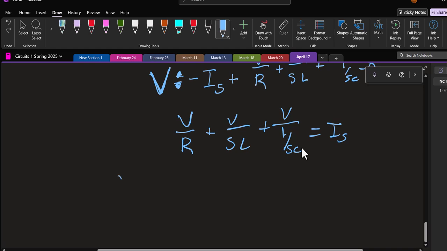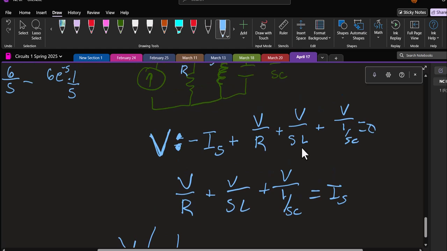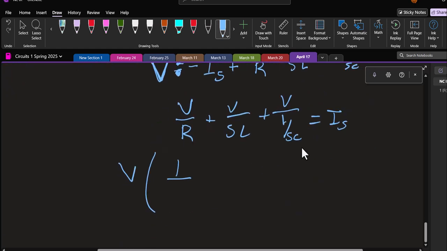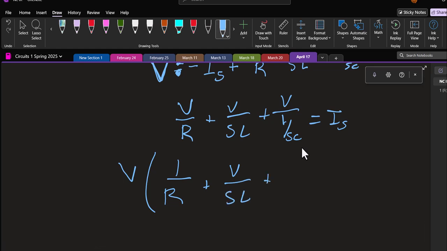Then you can factor out a V, and we'd have 1 over R. I'll leave it just R for now, because you're going to have to do a similar thing most of the time with these problems, plus 1 over SL plus 1 over 1 over SC, equals Is.